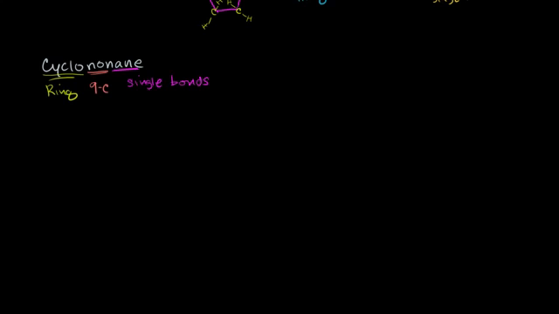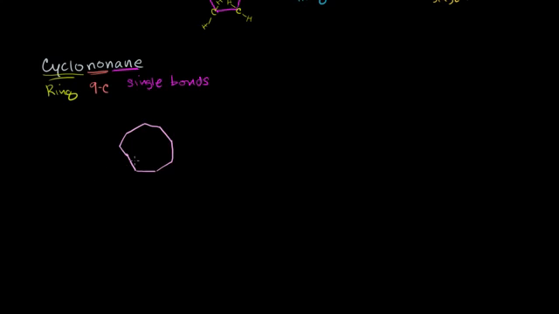It's not a trivial thing to draw. Let me try my best. So let's see. That's 1, 2, 3, 4, 5, 6, 7, 8. Let me try a better shot at it. So I have 1, 2, 3, 4, 5, 6, 7, 8, and then 9, and then you can connect the last 2.